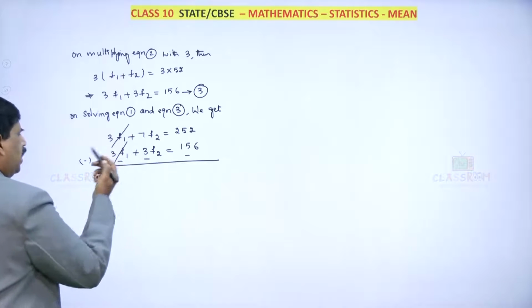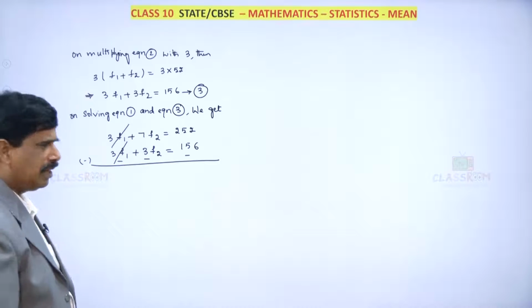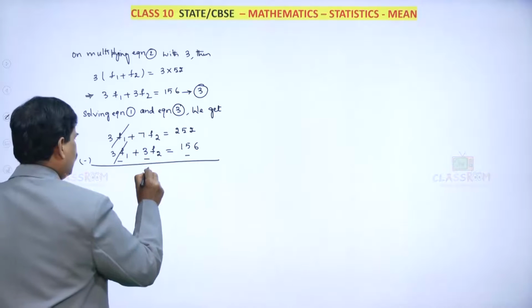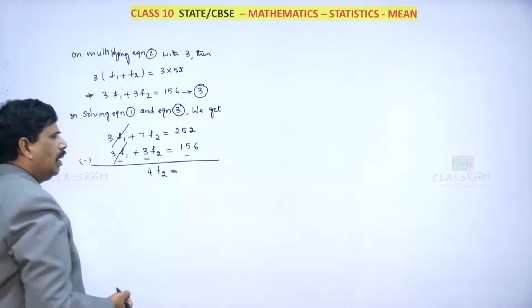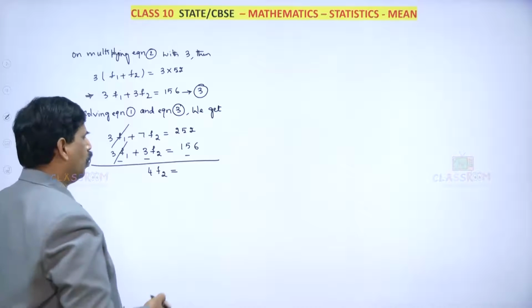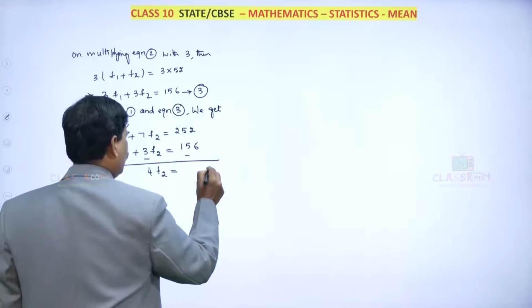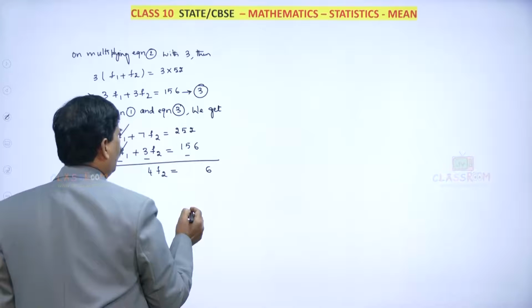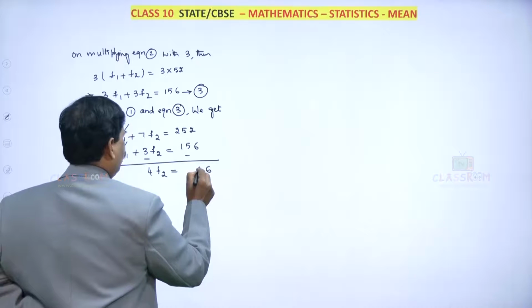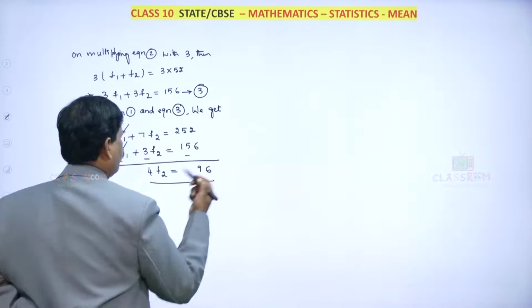So when I am going with subtraction, the signs will change. So plus 3f1 and minus 3f1 get cancelled. 7 minus 3 will be 4f2. This is equal to, you subtract it now, 252 minus 156. So 12 minus 6 is 6. 5 minus 5 is 0. 2 minus 1 is 1. So that will be 96.